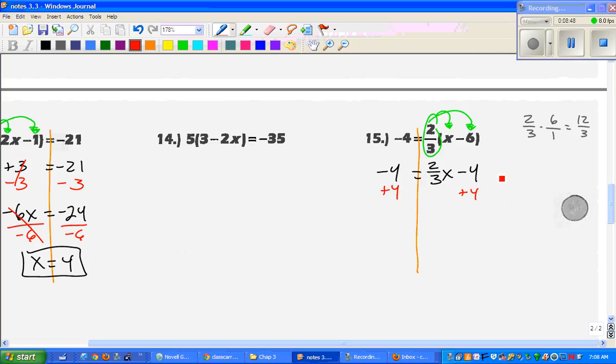Inverse operations. Negative 4 plus 4 gives you 0. We're not done because we have to multiply by the reciprocal. Those guys cancel, and you're left with 0 equals x.